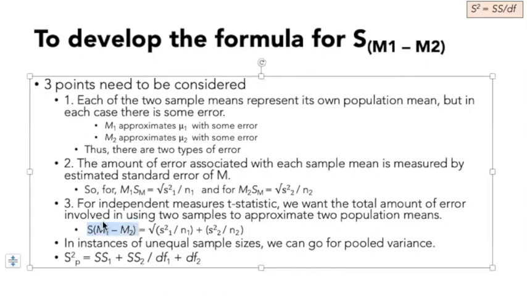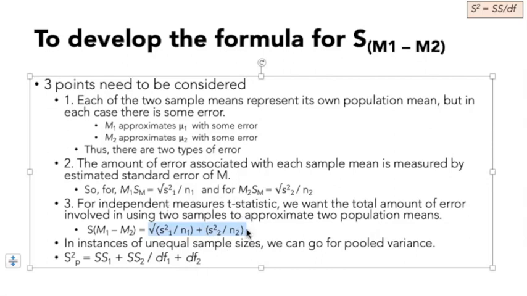So the estimated standard error can be written as this. This is the formula. Variance of the first group divided by the number of cases in that particular group. Then you close parenthesis, you add again the variance of the second group divided by the number of cases of that particular group.